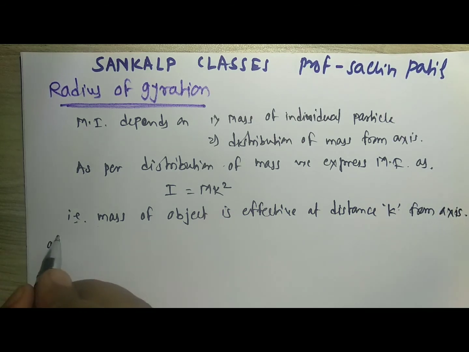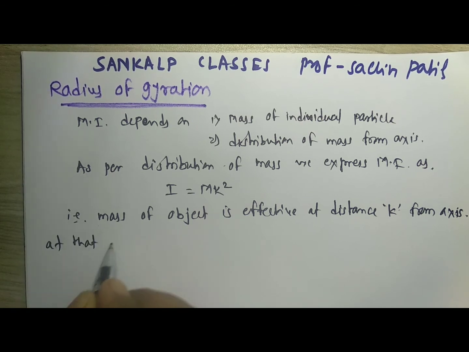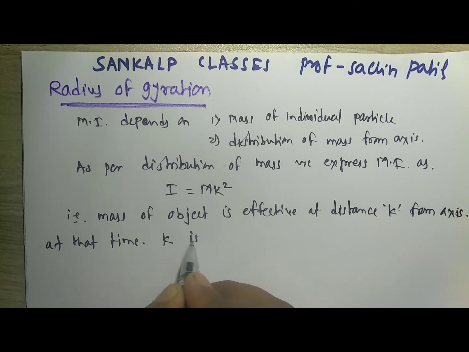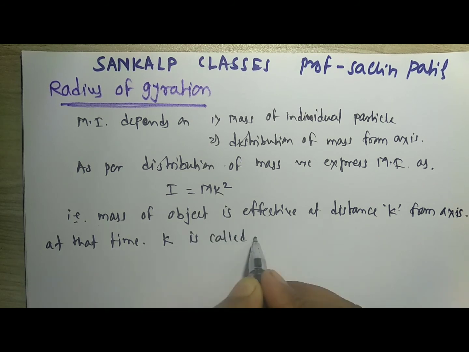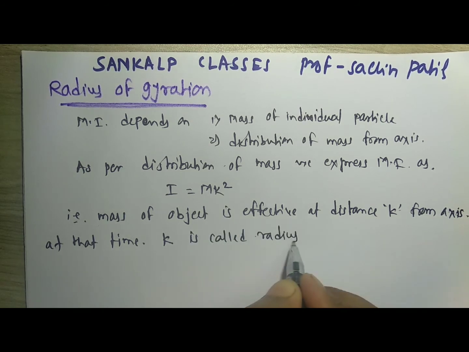At that time, k is called the radius of gyration.